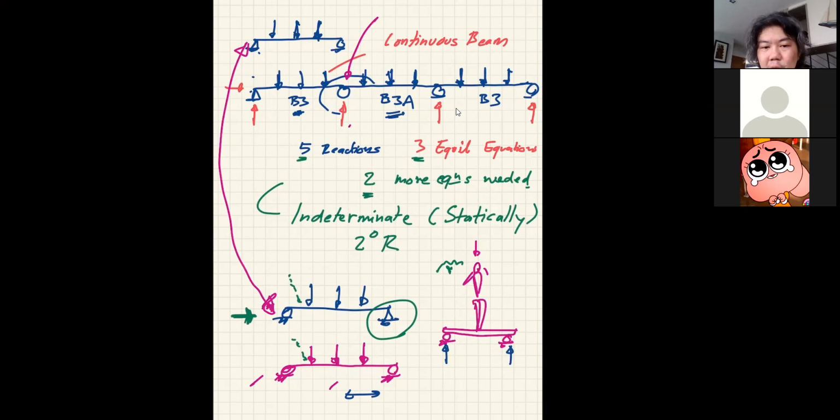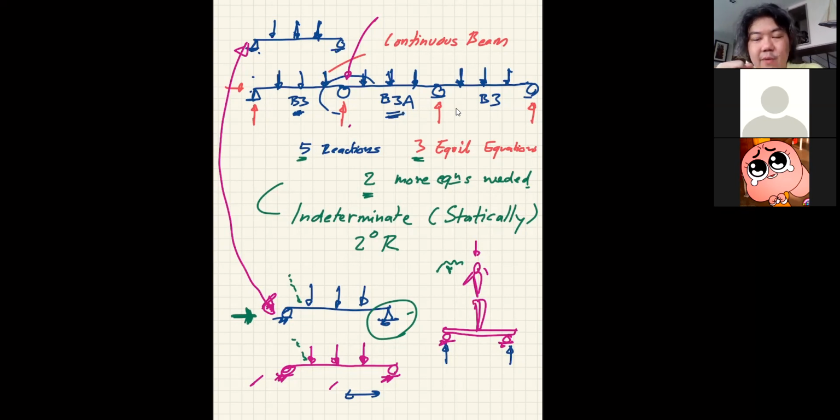So even though our free body diagram has no horizontal load present, we are always obliged to draw the structure with one horizontal restraint so that we always have a safe free body diagram. See what I'm saying?